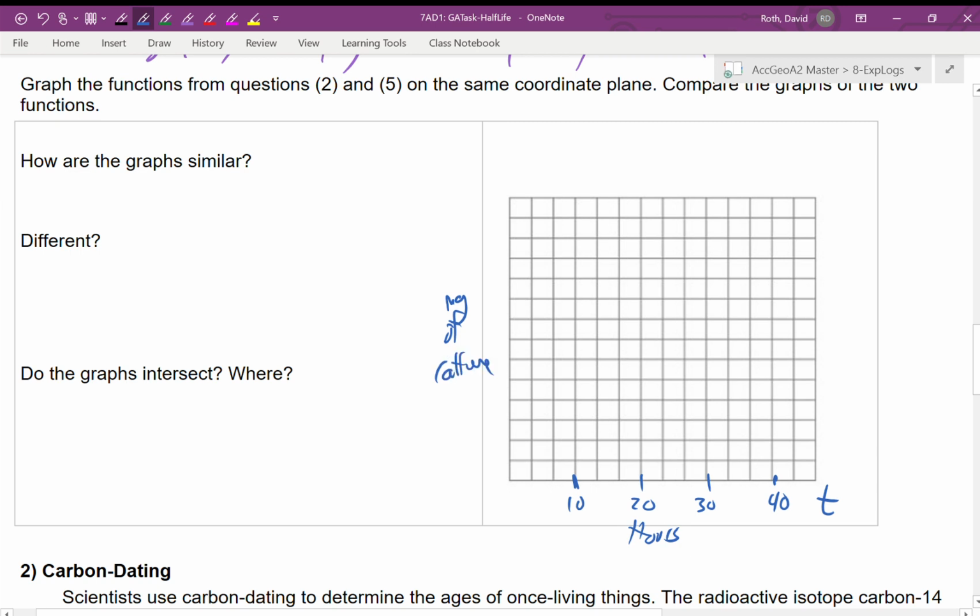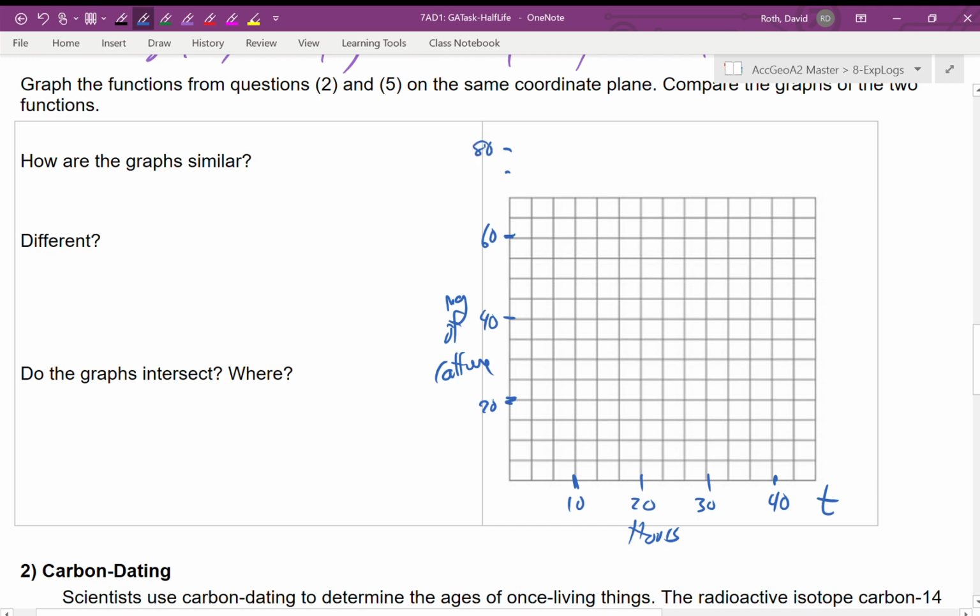If you think about it, we need to go up to like 80, right? So I'll make that 20, 40, 60, and we all started at 80.